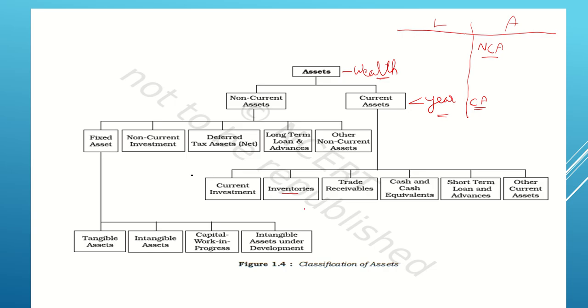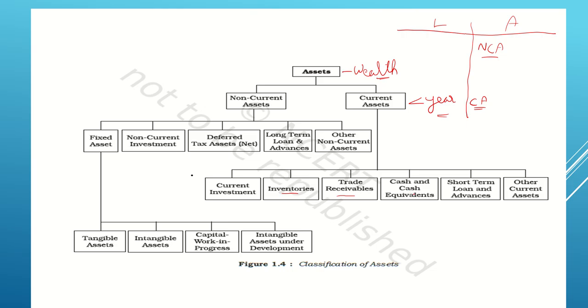Okay, so those inventories will come under current assets. Then trade receivables. Supposing I make credit sales, so the customer will pay me after 1 or 2 months, after the sales. So till then they'll come under trade receivables, okay, as current assets. So they're also my debtors.